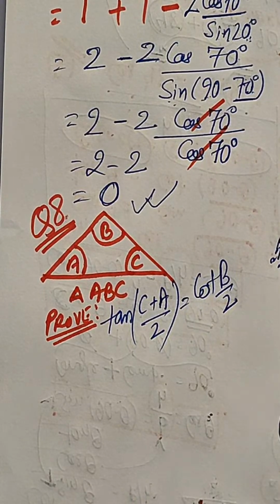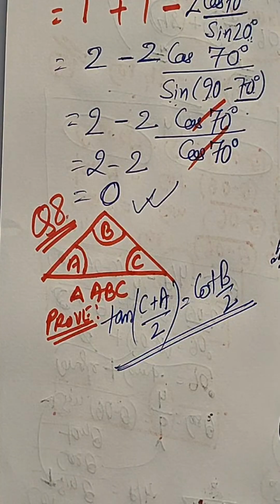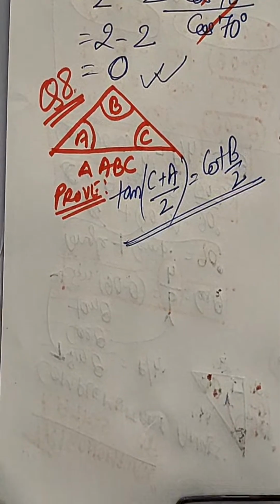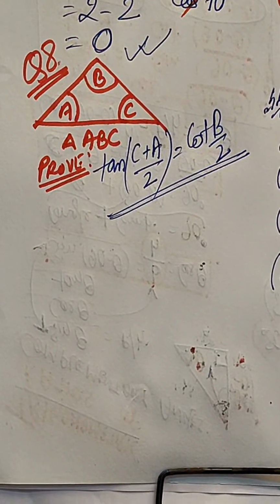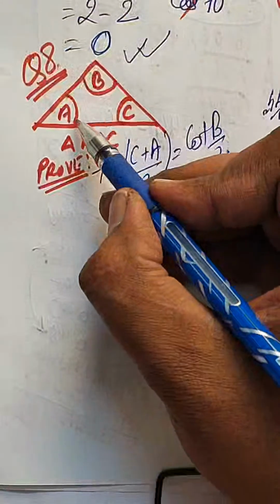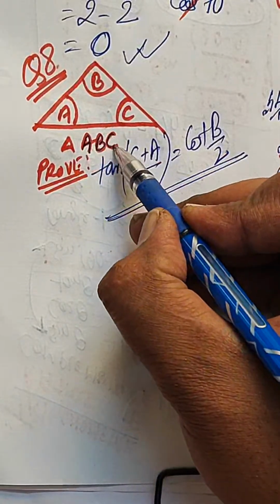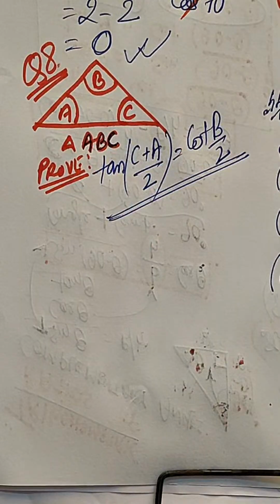This we need to prove. So students, in this question it is given that A, B, C are the angles of a triangle, not a right angle triangle. This is not given to you.